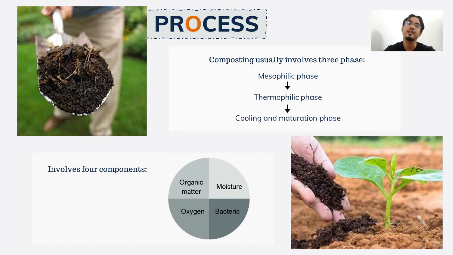The third component is oxygen. It is important for the breakdown of plant material by the microorganisms. To do so, the pile needs to be turned over every 2 weeks to provide aeration to it. And the fourth component is bacteria or microorganisms, which will break down the materials into useful compost.